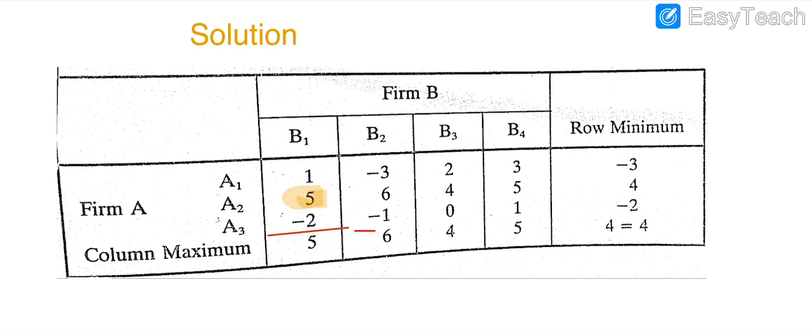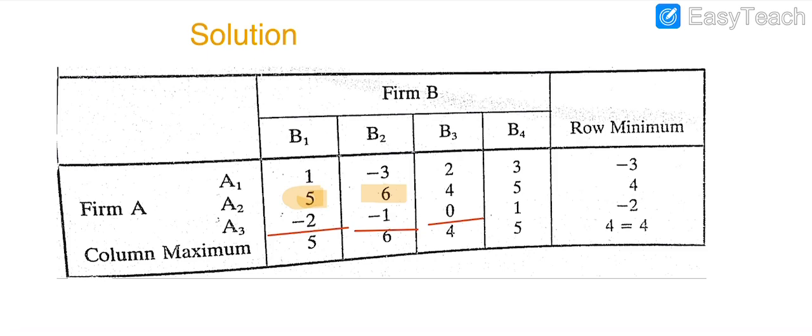Next, in the second column, you have to take the maximum value: minus 3, 6 and minus 1. Which is the maximum value? 6. Understand? From each column you have to choose the maximum value. Clear? In the next column you see 2, 4, 0. Which will be the maximum value among 2, 4 and 0?